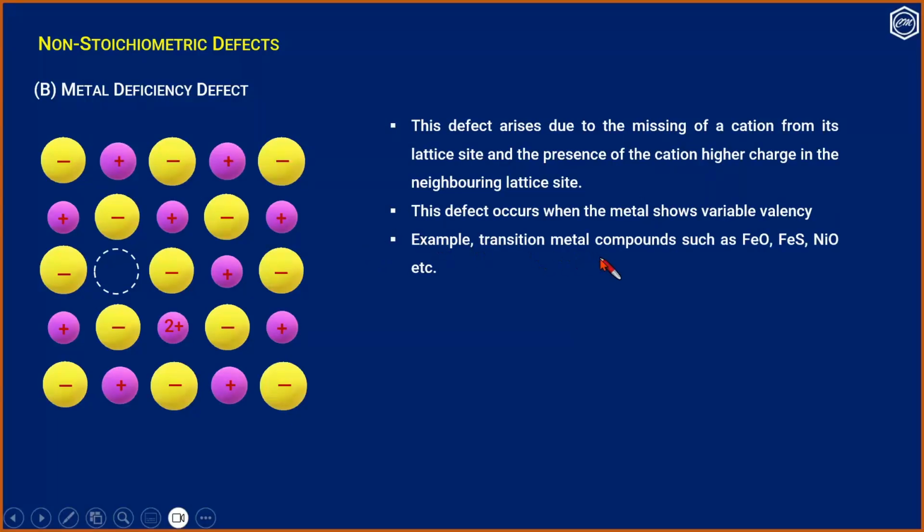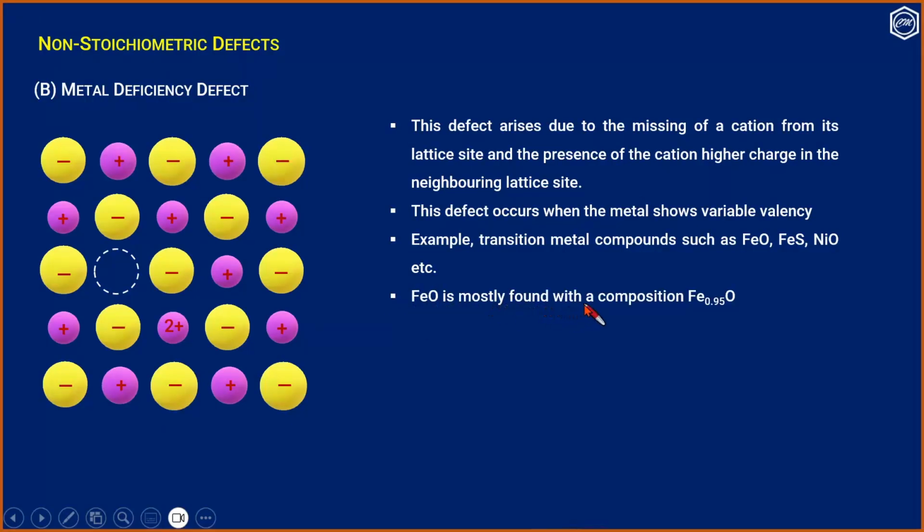Examples are transition metal compounds such as ferrous oxide, ferrous sulfide, nickel oxide, etc. These metals are capable of showing variable valency. Only if the metal is capable of showing variable valency can it increase the charge on the metal.